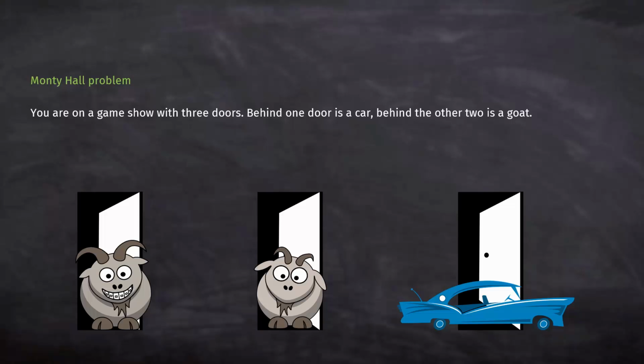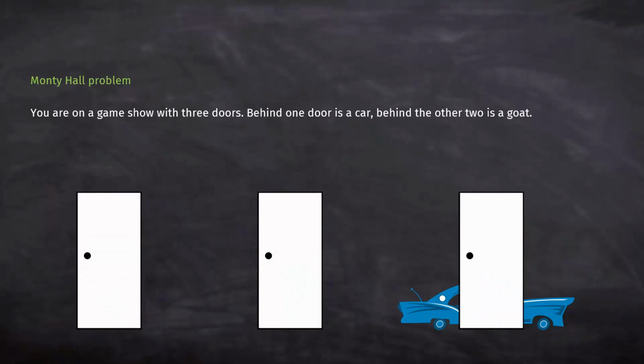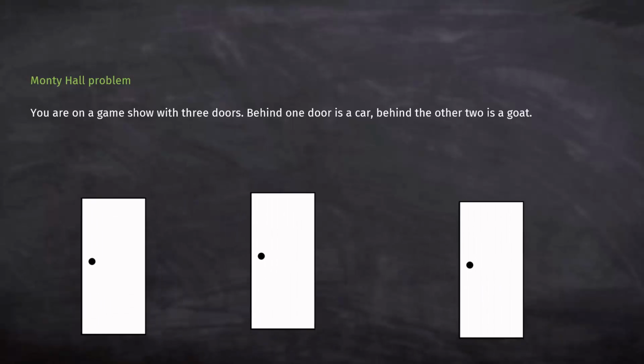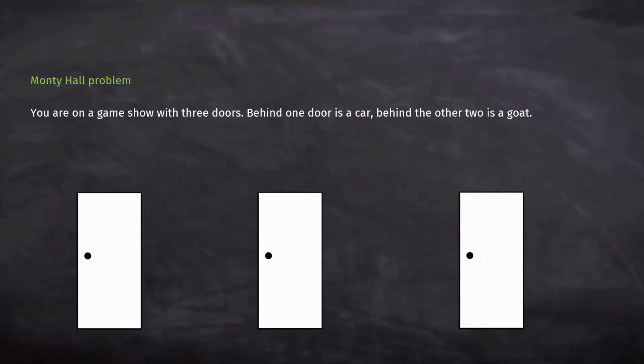Of course, you're going to win one of them, but they won't just let you pick. So what's going to happen is that we're going to close all the doors so that we don't know where... okay, let's not worry about the logistics. There are 3 doors, and behind 1 of them there is a car. Of course, we don't know which door, so let's just shuffle these doors so that we don't know anymore.